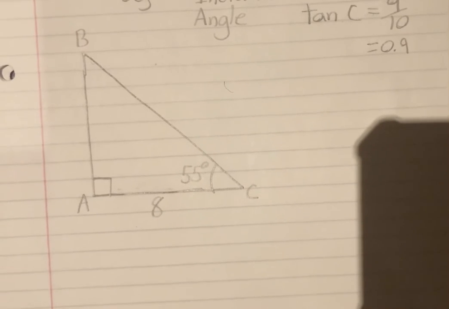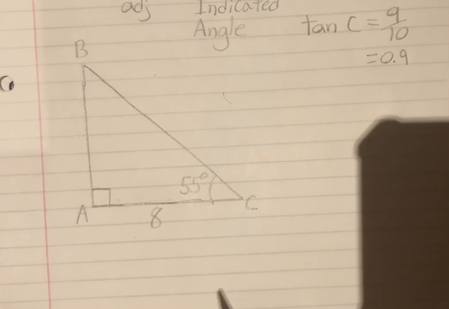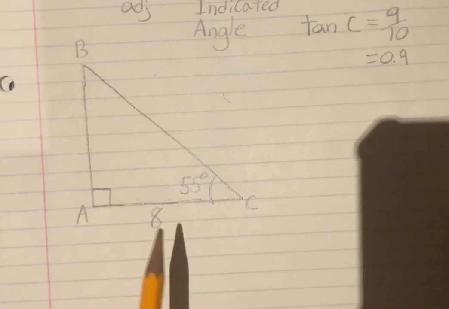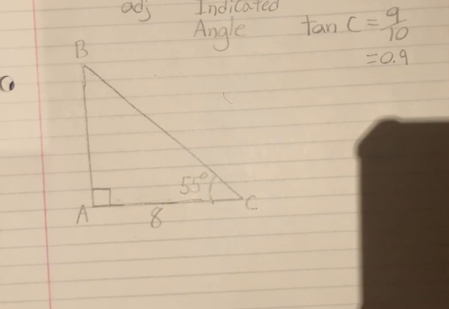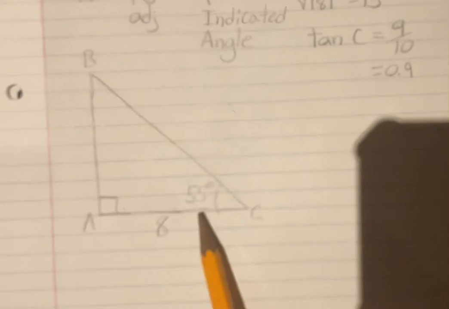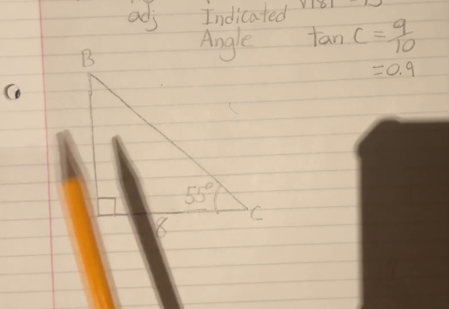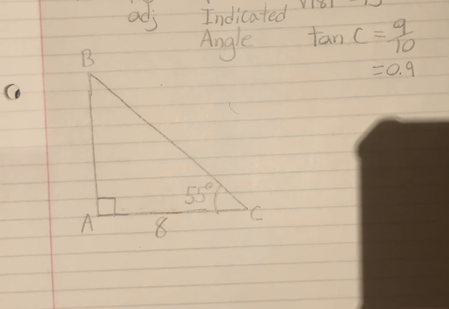Now here we only have one side length, and we have an angle that is already found. I'm not going to go through and label the whole diagram like I did up here. I'm just going to show you how to find the other side length, the opposite, because that's all we can find with the tangent ratio. Here we have the adjacent.